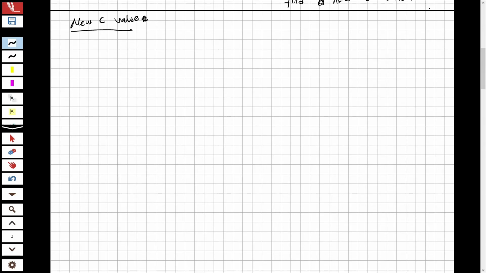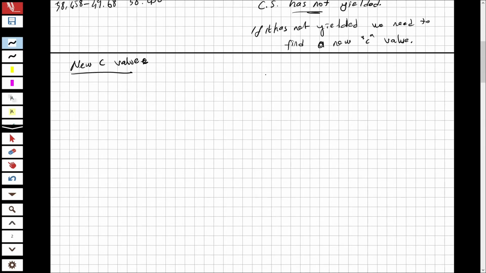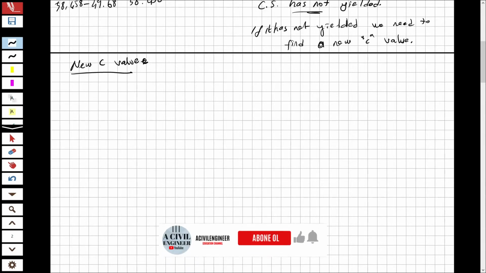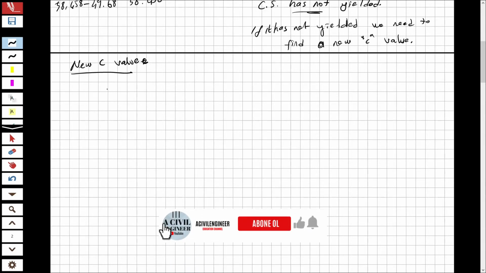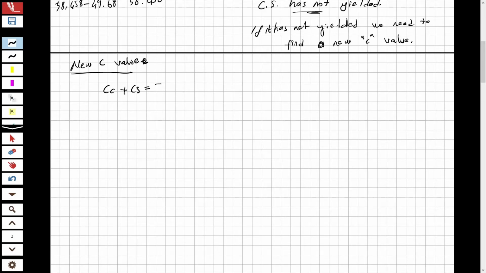So let's write it. Actually, I'm going to write a formulation, but before the formulation, I'm going to write where the formulation comes from. So now we are going to make an equilibrium again. The equilibrium is actually the same: CC plus CS equal to TS.